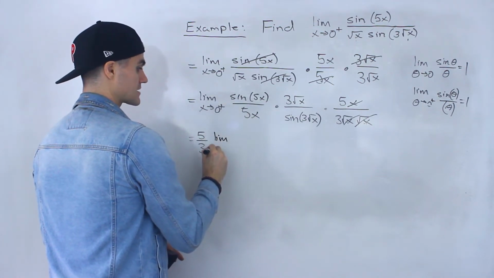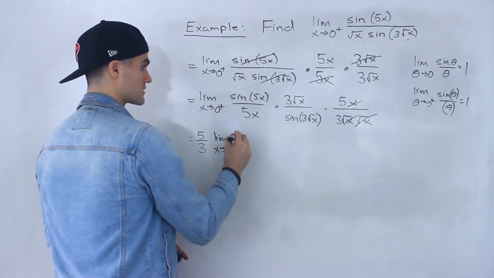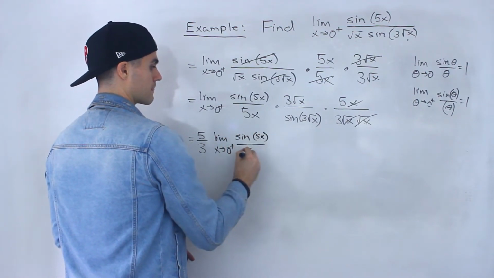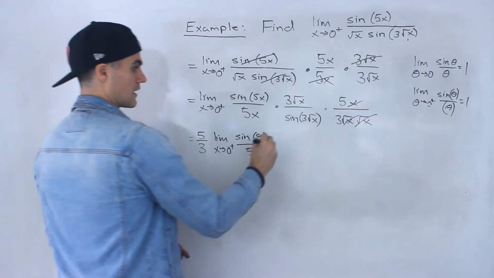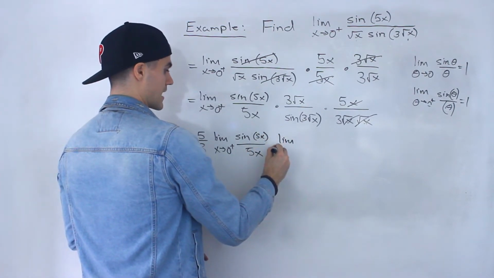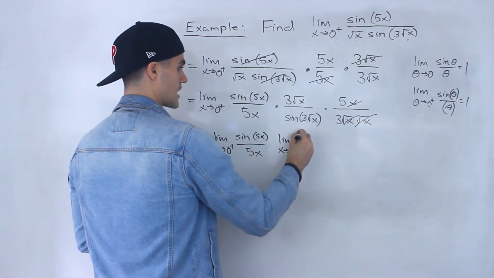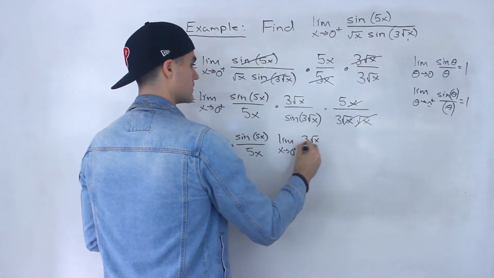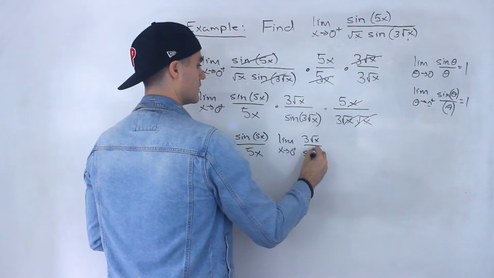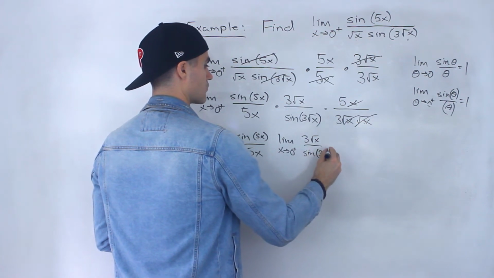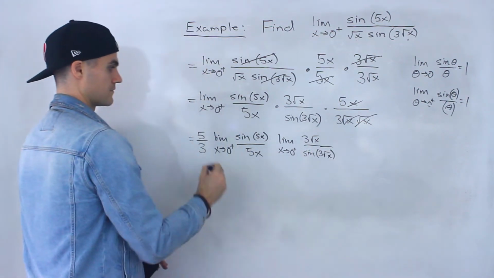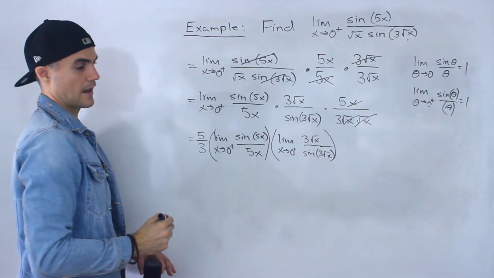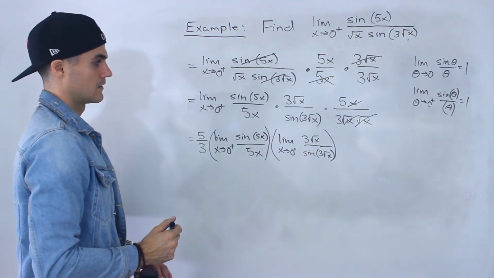So we'll have the limit as x approaches 0 from the positive side of sine 5x over 5x, and then we'll have the limit as x approaches 0 from the positive side of 3 root x over sine 3 root x, like that. So we got this, and we got that.